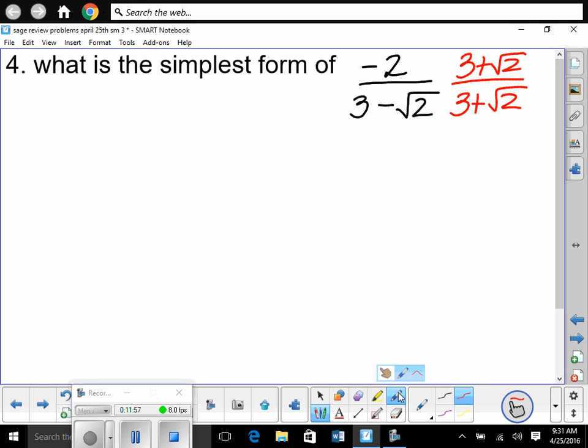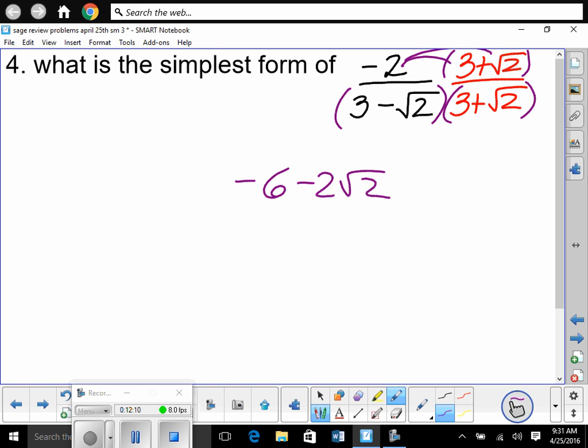So we'll multiply that in. On bottom, we're going to double distribute, and on top, we're going to have to distribute as well. Negative 2 times 3 is negative 6. Negative 2 times the square root of 2 is negative 2 square roots of 2. Now, don't be scared of that on top. That's fine. You can always have a radical on top of a fraction.